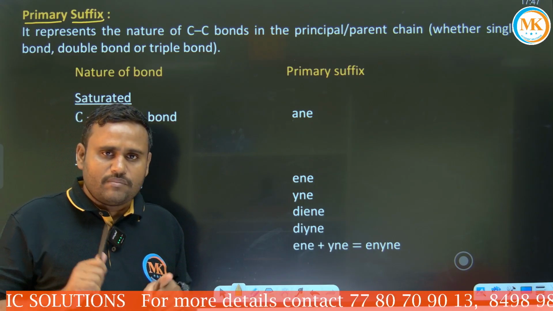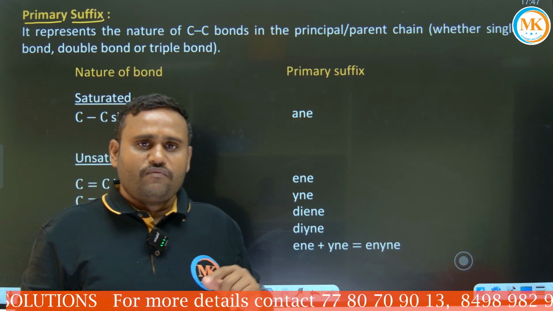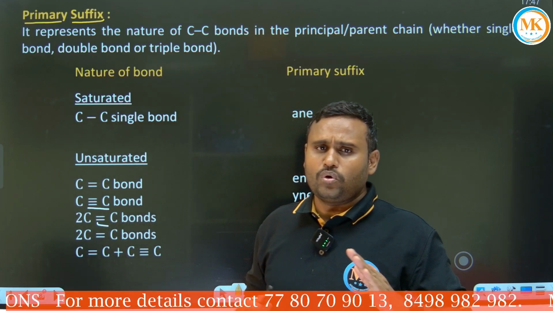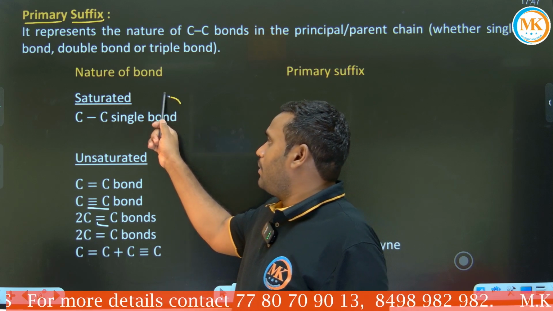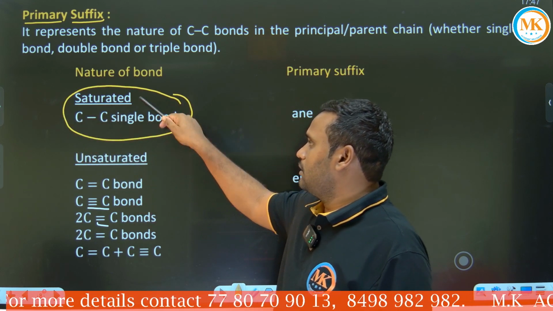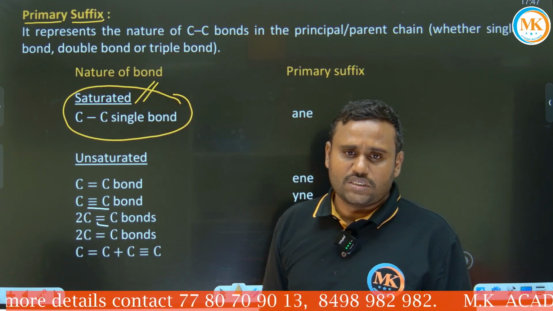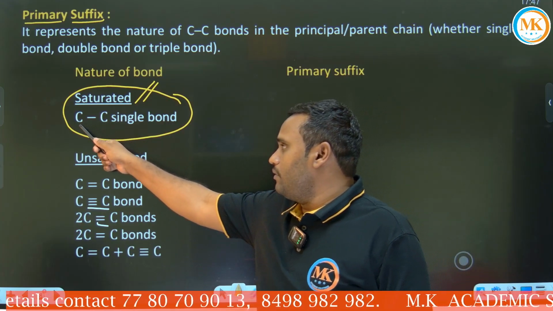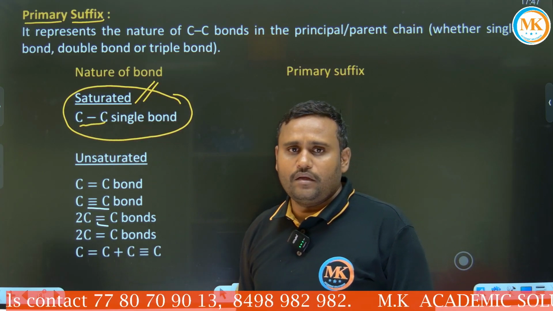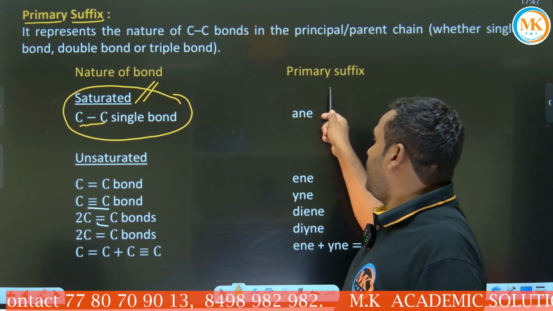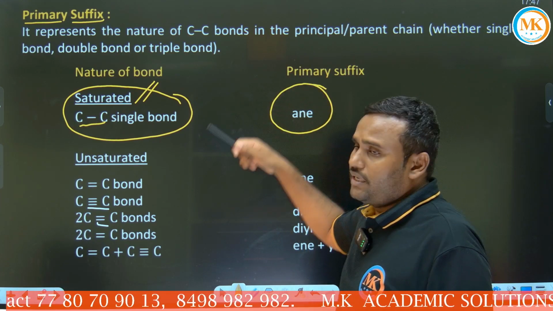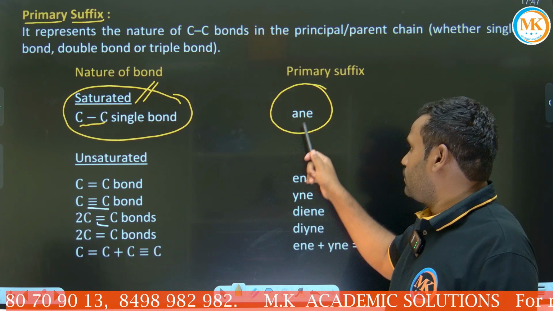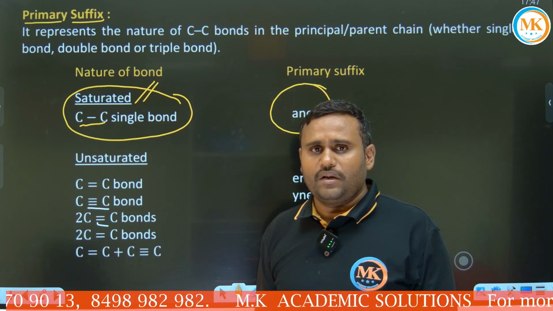If the carbon chain contains only carbon-carbon single bonds throughout, such compounds are called saturated compounds. We have to look in between carbon and carbon only. When the compound is saturated, we use an as the primary suffix.